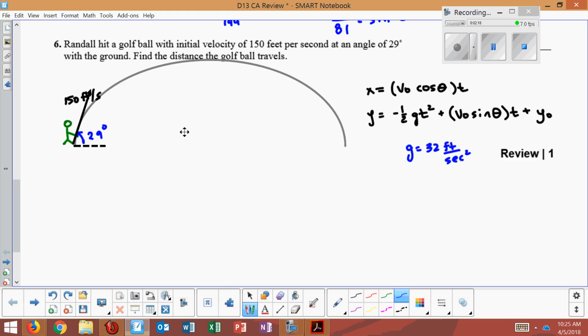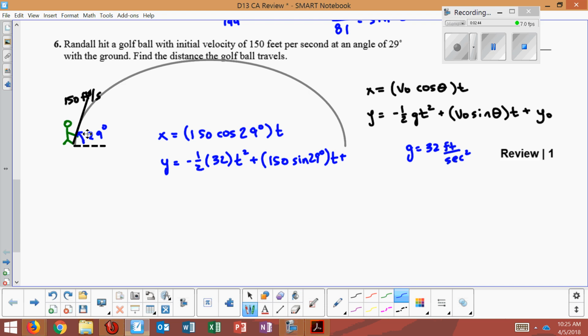So when I plug in my equations, what I'm actually going to type in is x equals the initial velocity, which is 150 cosine of 29 degrees times time, and the y equation is going to be -1/2 times 32 t squared plus the initial velocity 150 times sine of 29 degrees times time plus the initial height. What's our initial height? For a golf ball, you hit it from the ground, so it's +0, or you could just simply erase it. You don't even need that if it's 0.